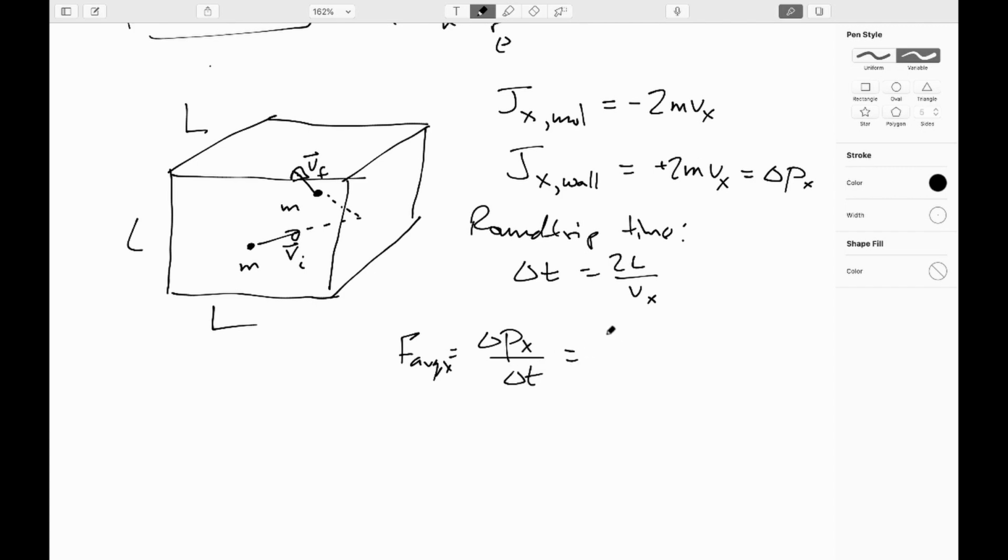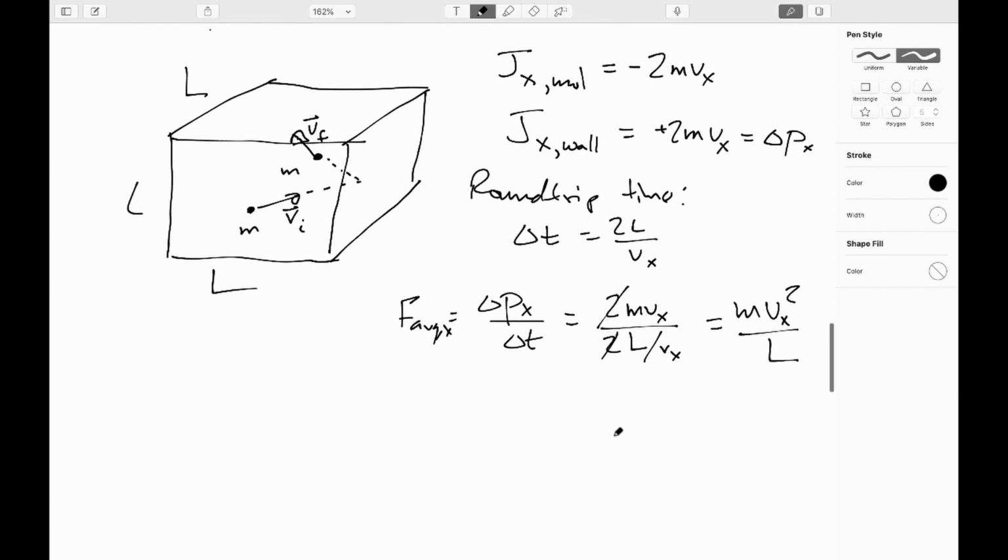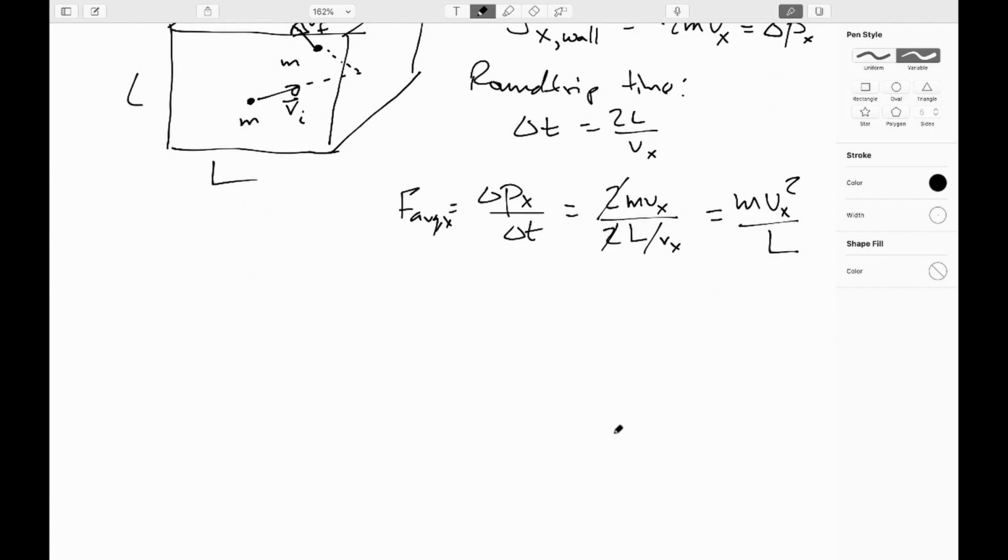We just worked out delta p sub x is 2 mv sub x, and delta t is 2L over v sub x. So the 2's cancel, and you get mv sub x squared over L.